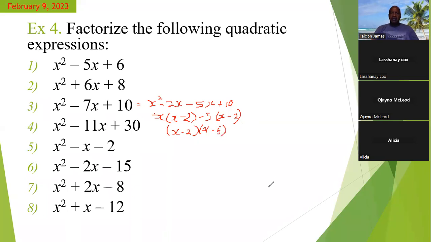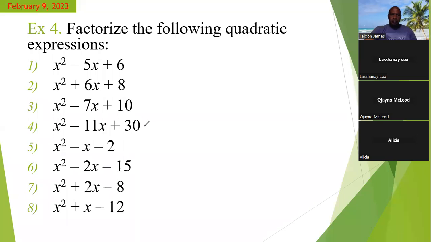All right, moving along. Question 4. What are the two factors that when you multiply them, you get 30, when you add them, you get 11? Negative 6 and negative 5, right?